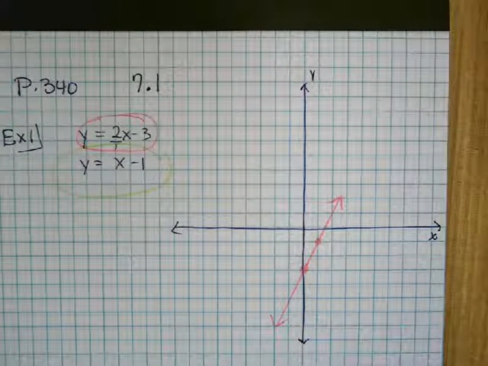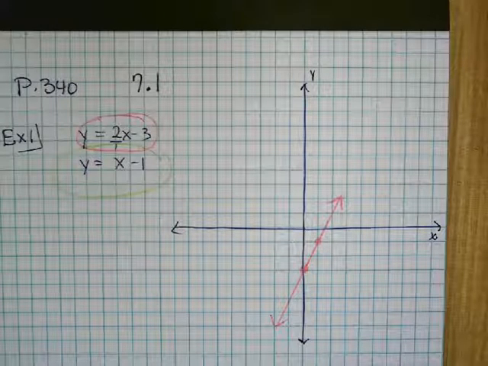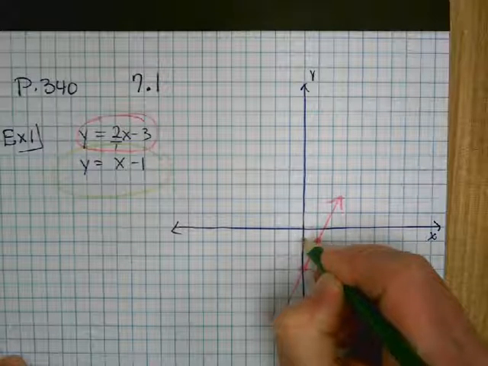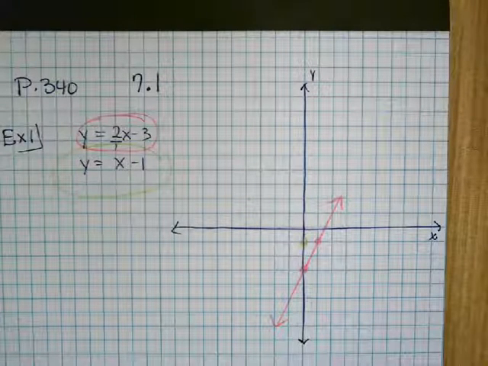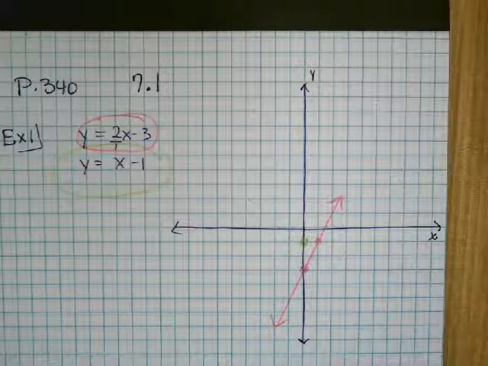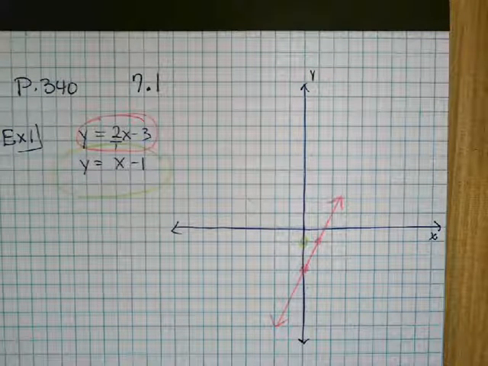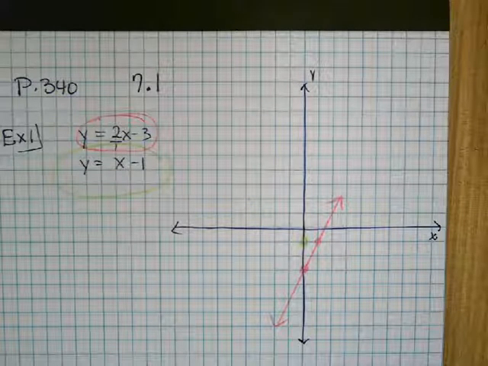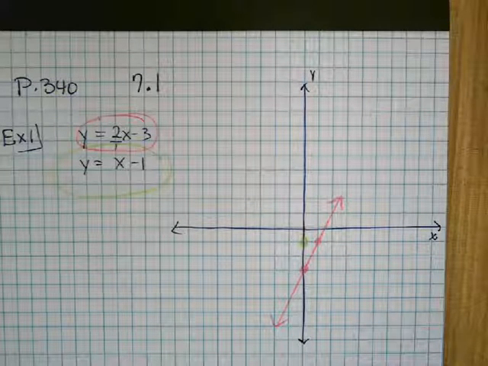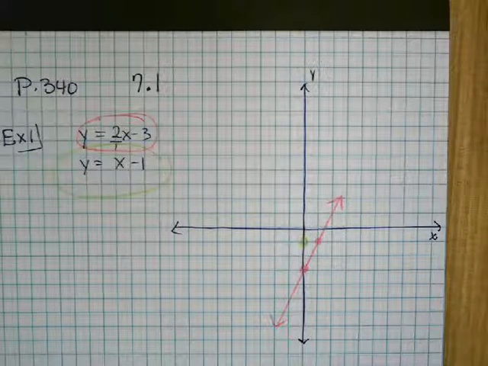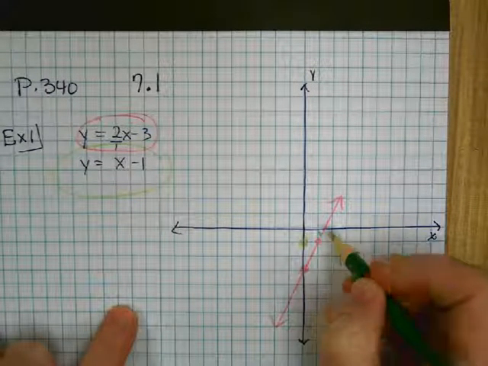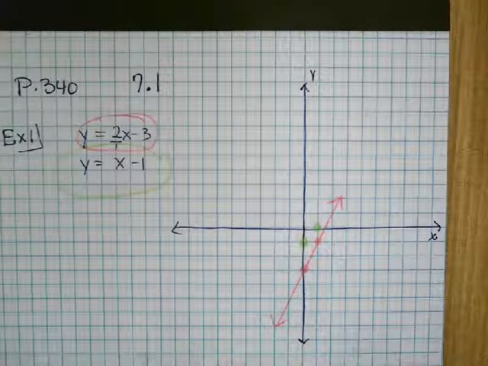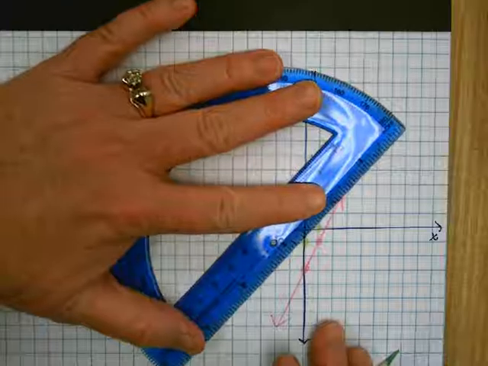Where do we start? -1. What's the slope? 1/1. There's nothing in front of that x, so you know there's a 1 there. You know that slope has to have two parts because it's a rise and a run. So from that y-intercept, you will go up 1 and over 1. And that will be your second dot. And you will connect them.